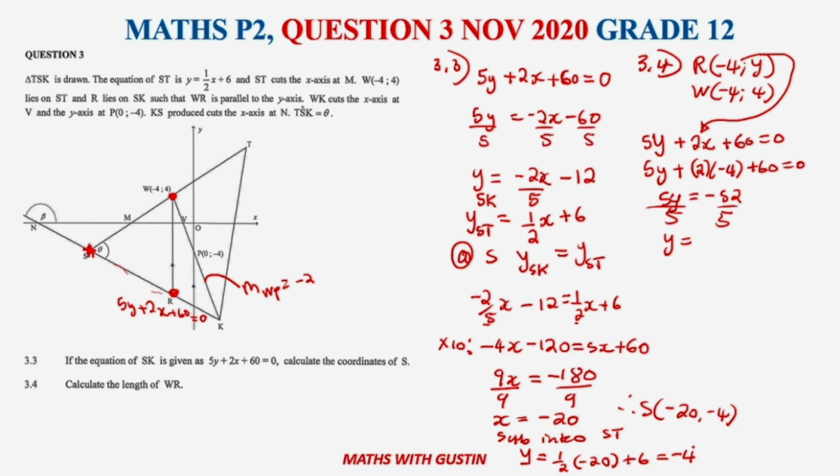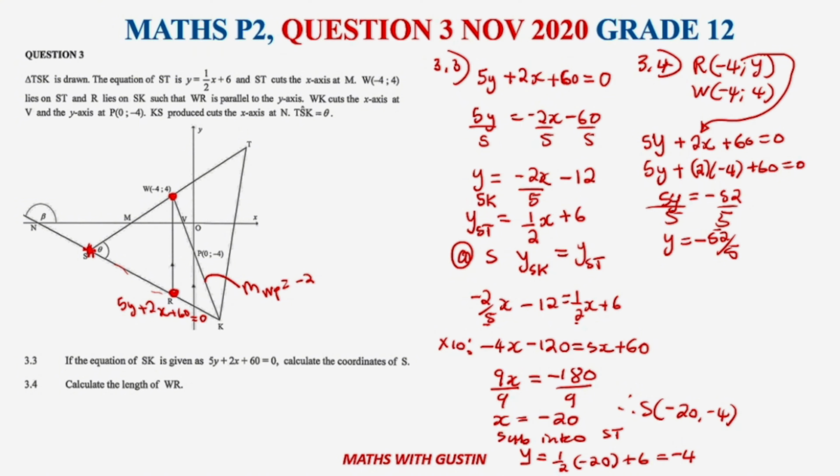So y is negative 52 over 5. It can't be simplified any further, so that gives us the value of R.